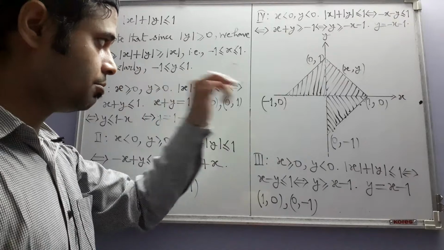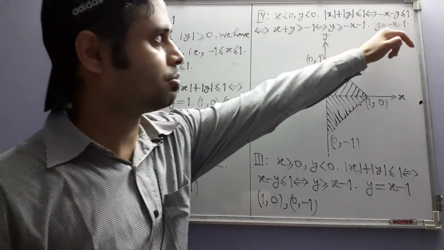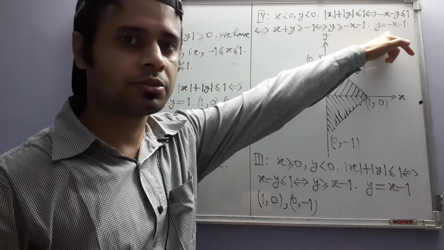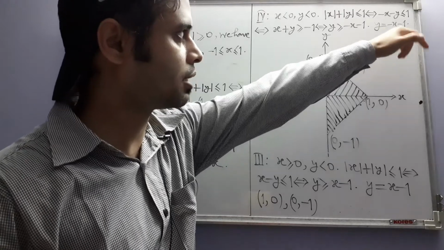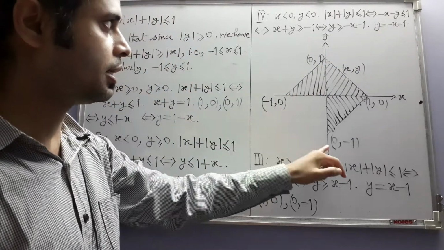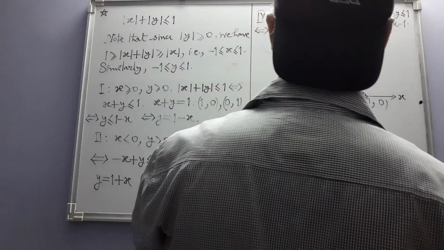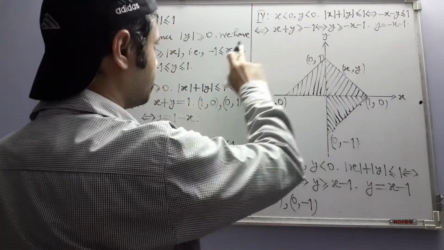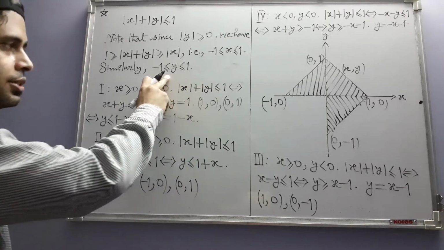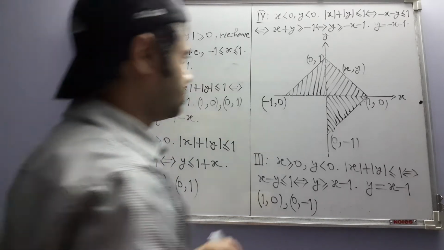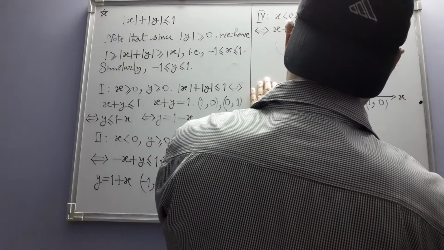If you put x equal to minus 1, then minus of minus 1 becomes plus 1, so 1 minus 1 gives you 0, and if you put x equal to 0, you get y equal to minus 1. And keeping in mind that x and y also satisfy these inequalities, we get this line segment.